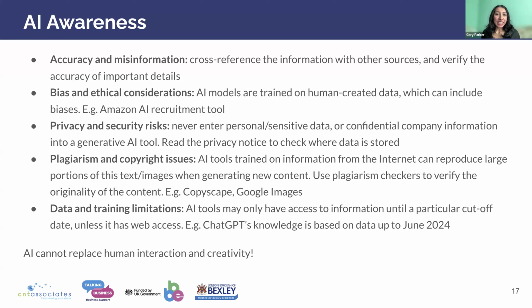But if it doesn't have that access, then it may give you some out-of-date information. So for example, ChatGPT's knowledge is based on data up to June 2024. And that may have changed since I've written this slide, but you do need to be aware that there are some limitations on how up to date the data is.